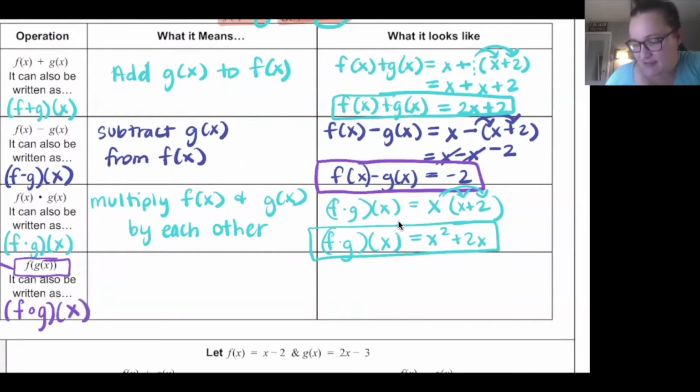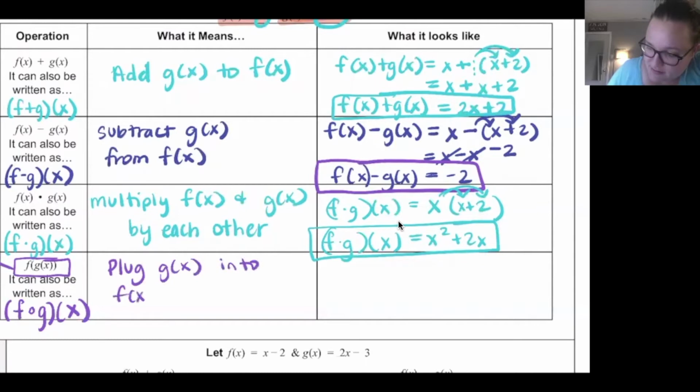And what that says is f of g of x. What that means is you are going to plug g of x into f of x for x. I just said x 27 times. You're going to take g of x and you're going to plug it into f of x for x.